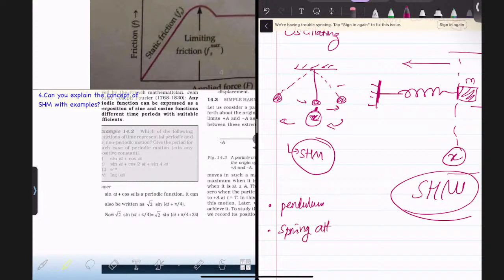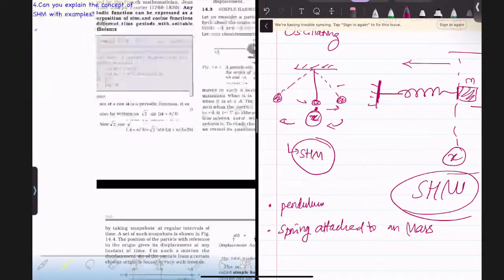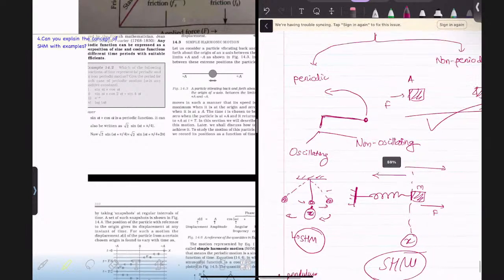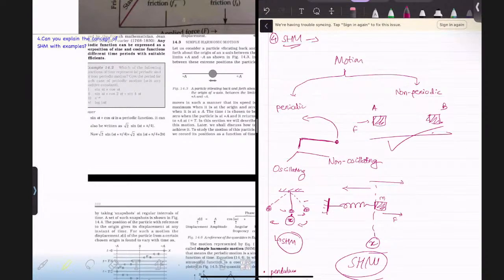Spring attached to a mass. और क्या एग्जांपल हो सकता है SHM का? वॉच आप घर पे देख रहे हो, अगर वॉच के नीचे एक पेंडुलम होता है जो बार बार मूव कर रहा है, that is also an example of SHM. So only to define the concept of SHM and examples, I have done that. I hope this is clear what is SHM.